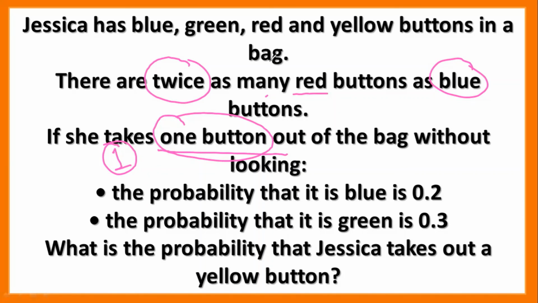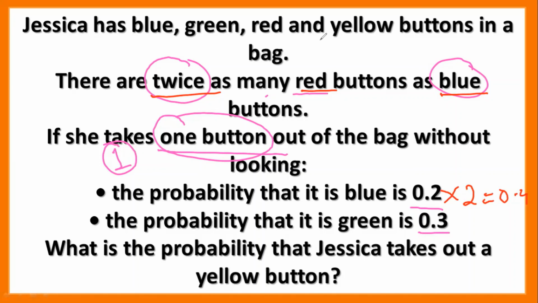In the question, the probability of blue color is given, which is 0.2. Probability of green color is given, which is 0.3. So from this, we can find the probability of the red button. How? Because red buttons are twice that of blue, the probability must be multiplied by 2, which is 0.4.